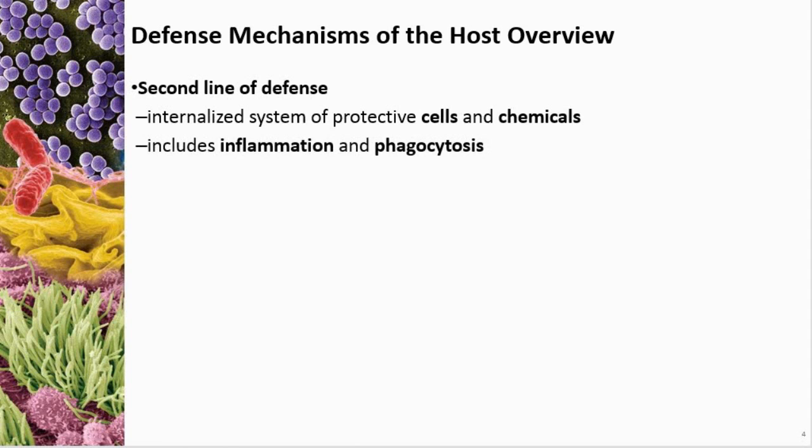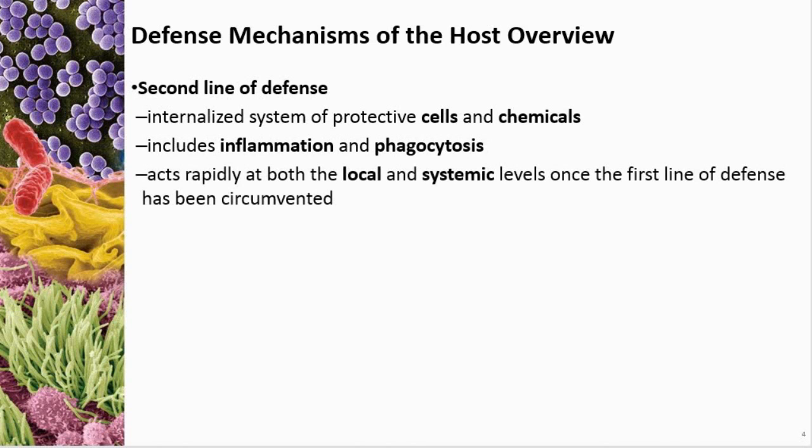But they don't necessarily recognize any specific pathogen. They just consume anything that is foreign. These are both local and systemic. Local, obviously, being in one place, systemic meaning the whole entire body. And of course, this is only after the first line of defense has been breached.